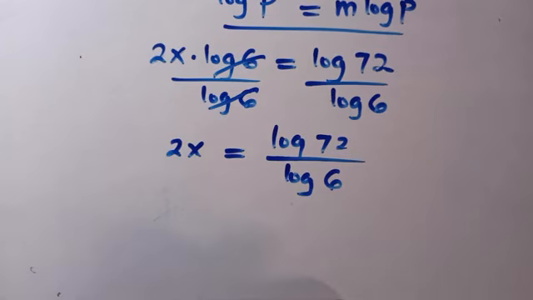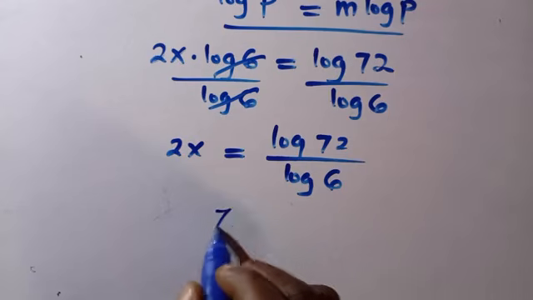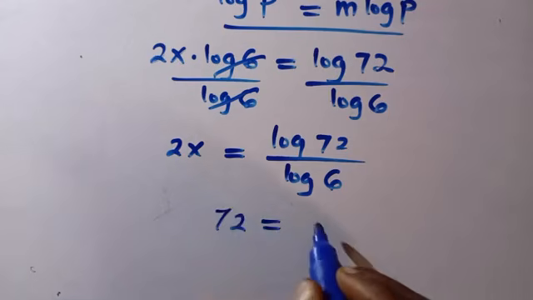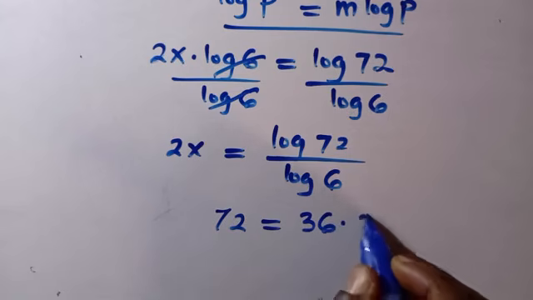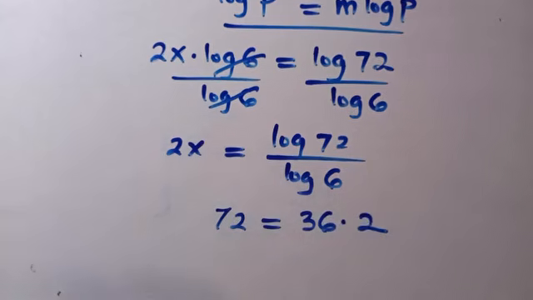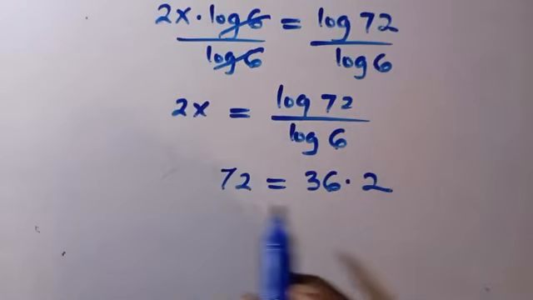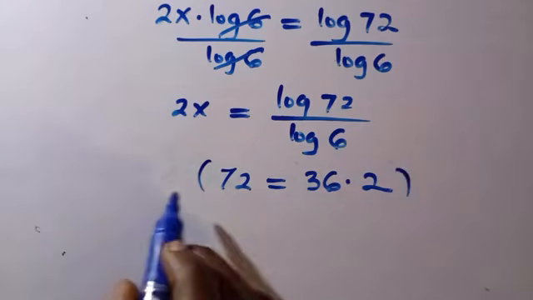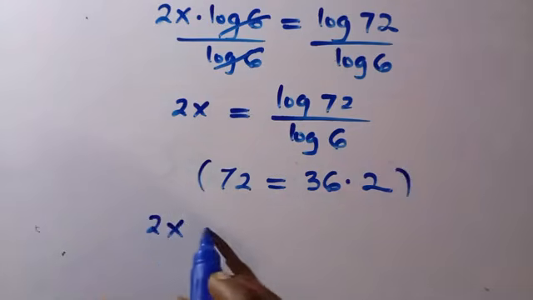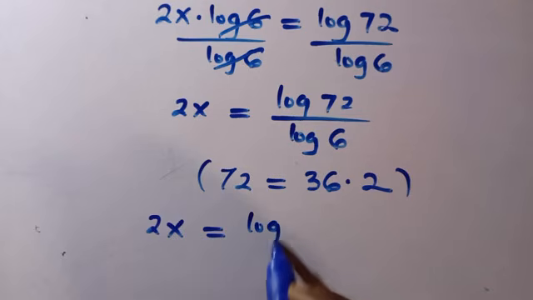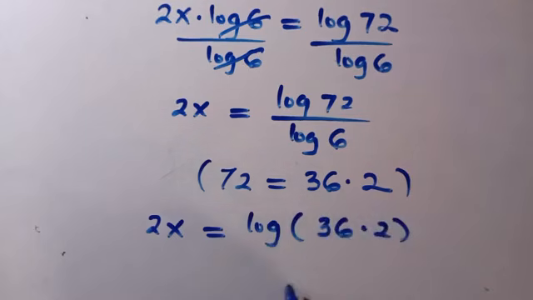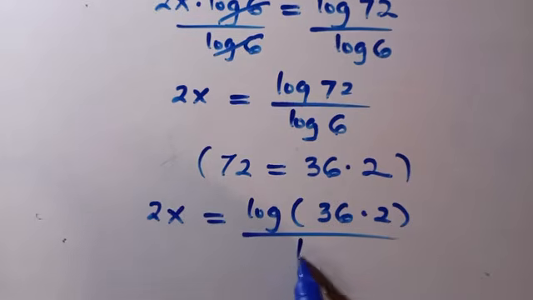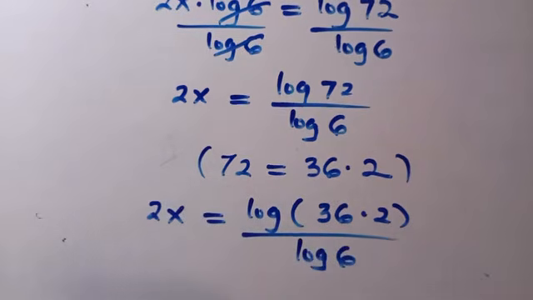From these expressions, we note that 72 is equal to 36 multiplied by 2. Then we apply it here. So at this side we have 2x equals log of 36 multiplied by 2, divided by log 6.